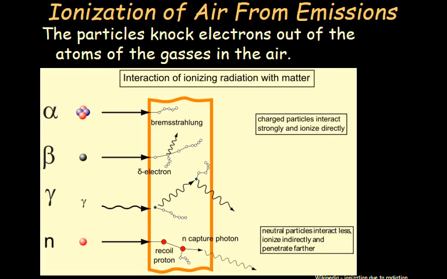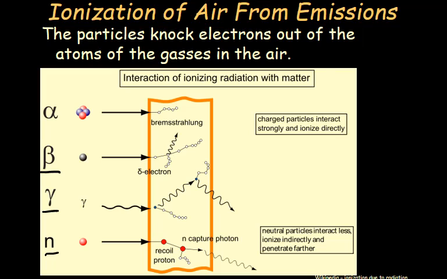So the different radiations cause different kinds of ionization, and here's a picture of alpha radiation there at the top, and it causes ionization there, beta radiation, gamma, and neutron.